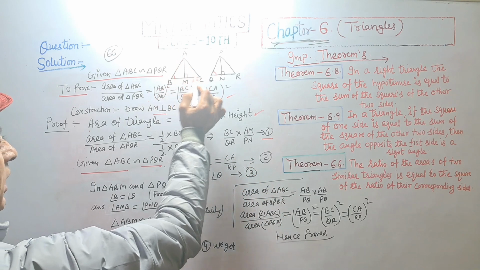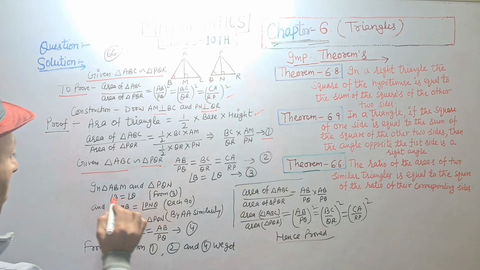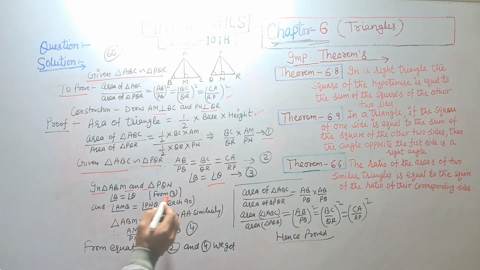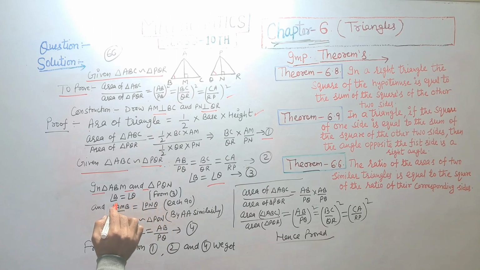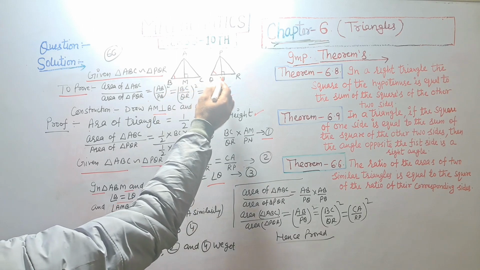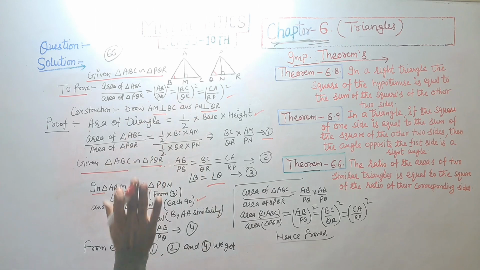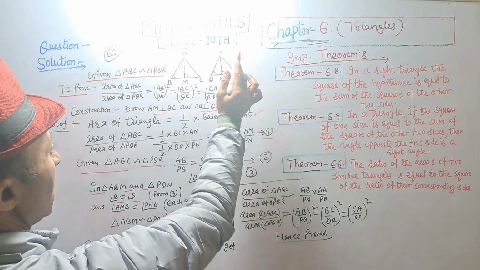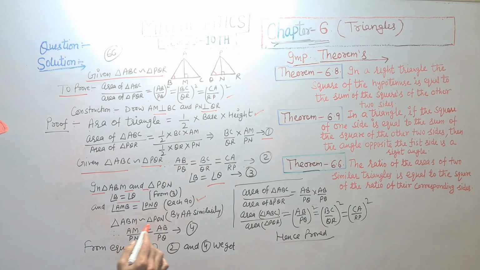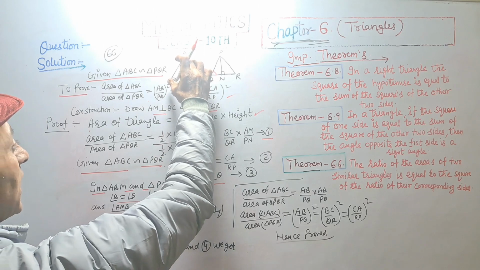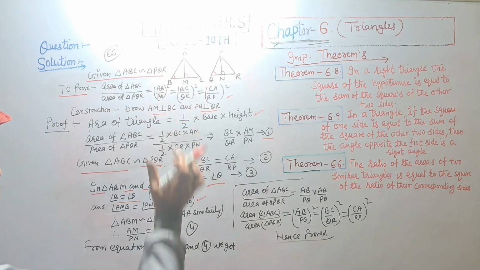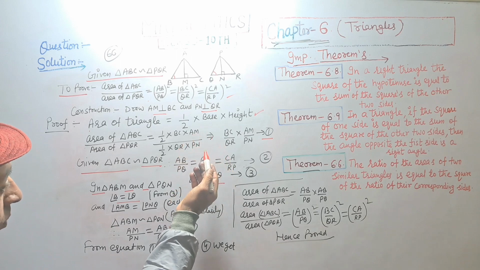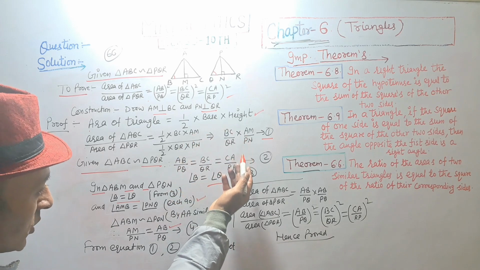In triangle ABM and triangle PQN, angle B is equal to angle Q, and angle M is equal to angle N is 90 degrees. So by angle similarity, triangle ABM is similar to triangle PQN, and sides are proportional. So AM upon PN is equal to AB upon PQ, and AB upon PQ is equal to BC upon QR, and is equal to CA upon RP.